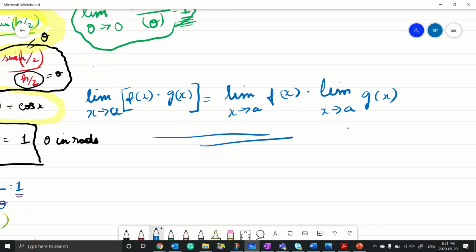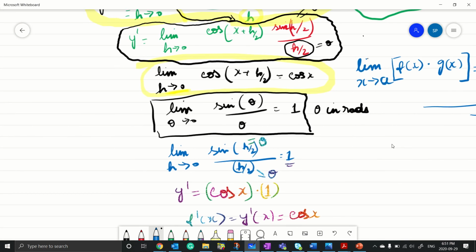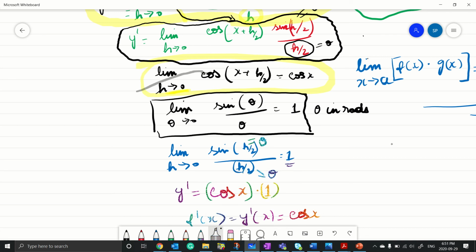So if you have functions that are multiplied, you can evaluate the limit separately, and that is what I am trying to do here. I have stated here that I'm directly going to apply this limit.